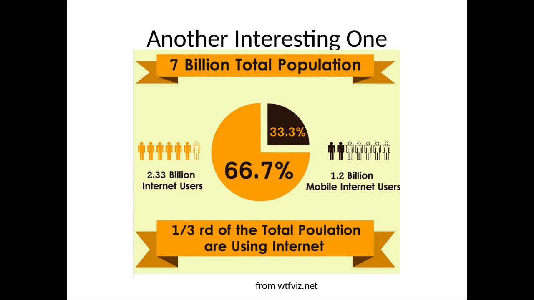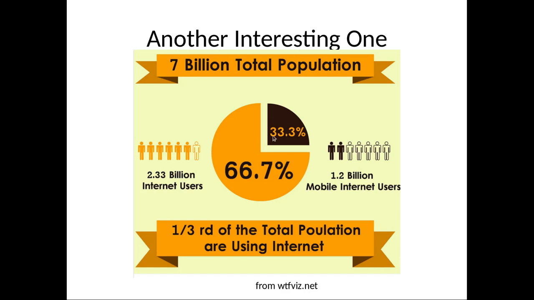Another interesting example: there are 7 billion total population, more or less, in the world, and here is a pie chart which shows the percentage of people that use the internet or mobile internet. As you can see, it does not give a clear picture, because it doesn't show the percentage of people who do not have access to the internet, which is basically 1/3 of the total population.